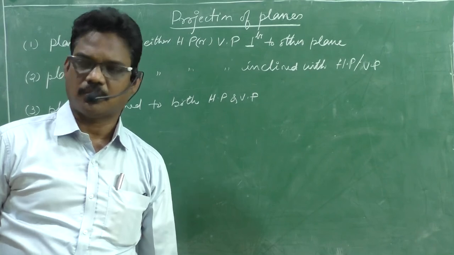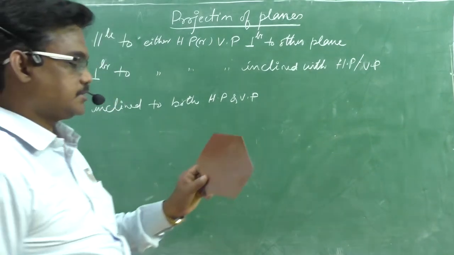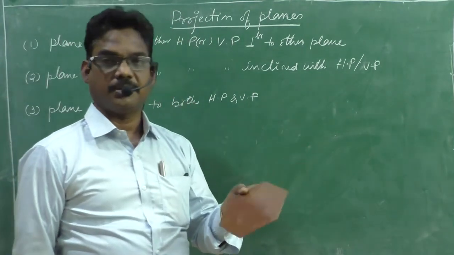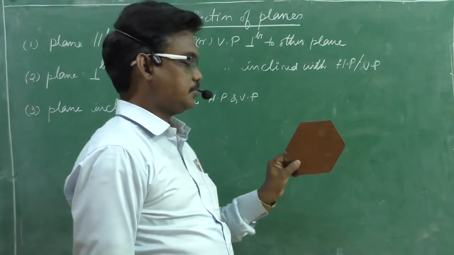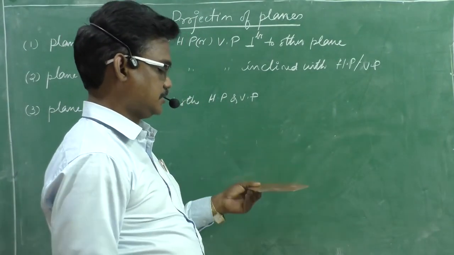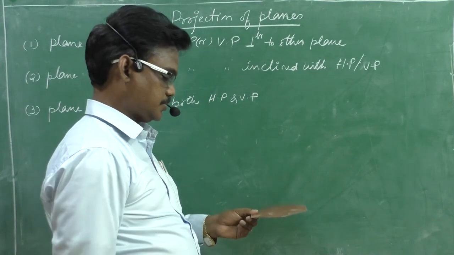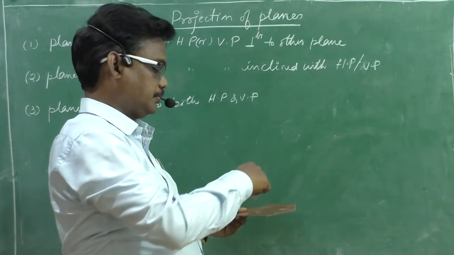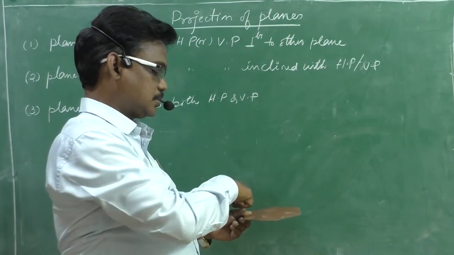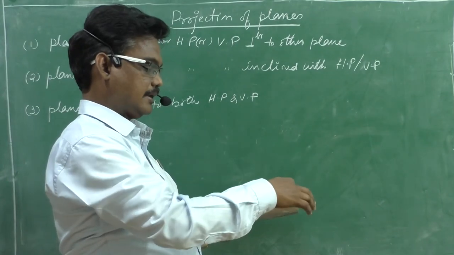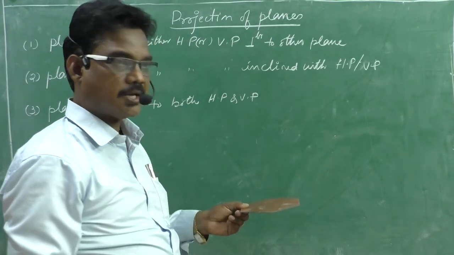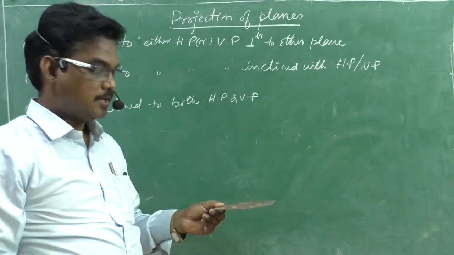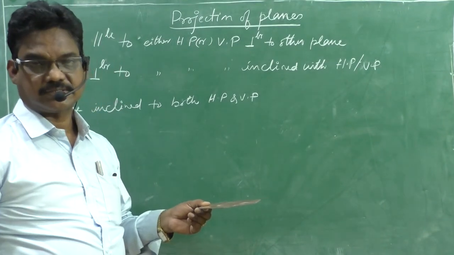Now I will take one plane and explain. This is the hexagonal plane. Suppose this hexagonal plane is parallel to HP. In the top view, we can see its true dimensions, true angle of inclinations. So we need to draw top view first in this case.